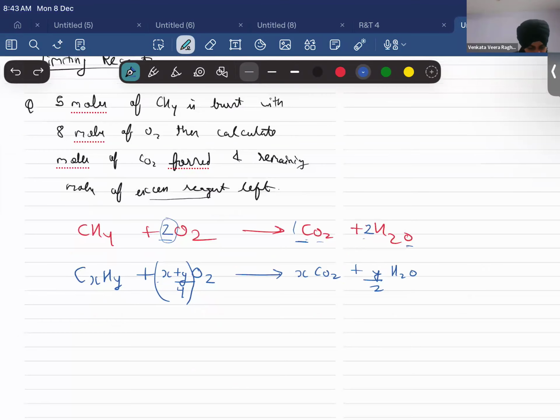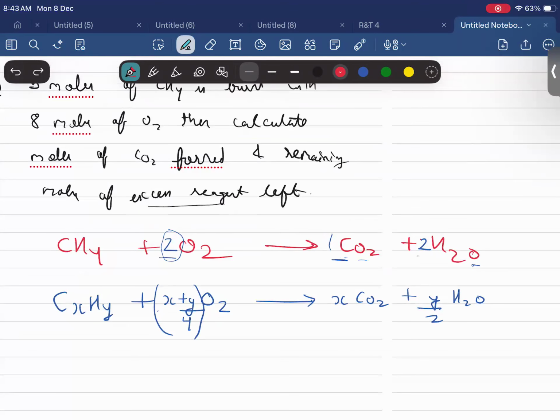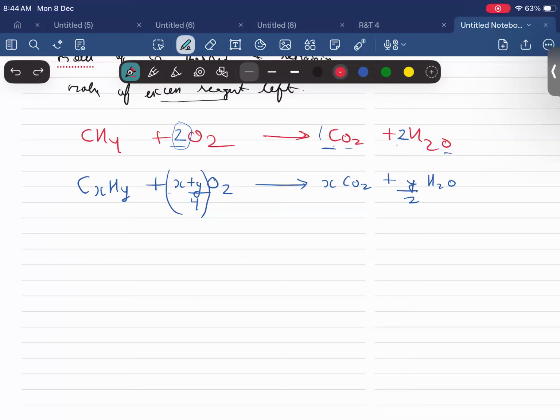Answer is 1, sir. Like what you calculated? Sir, the moles of CO2 formed. So you have calculated the moles of CO2 formed? Yes, sir. No, the answer is not 1 then, I guess. Is it 5?